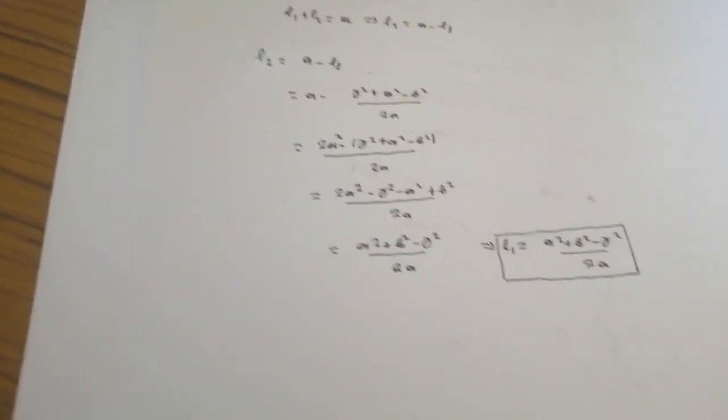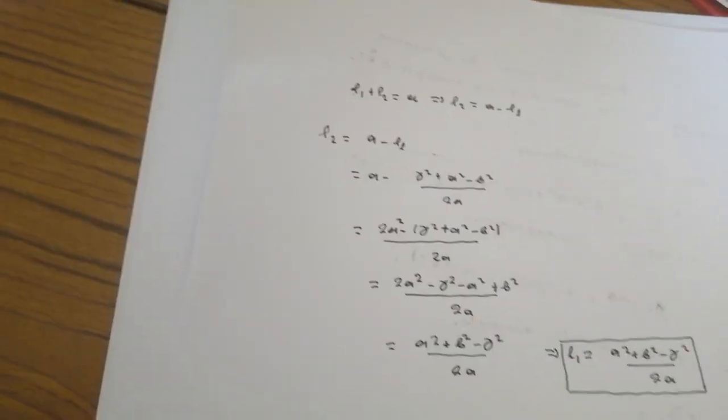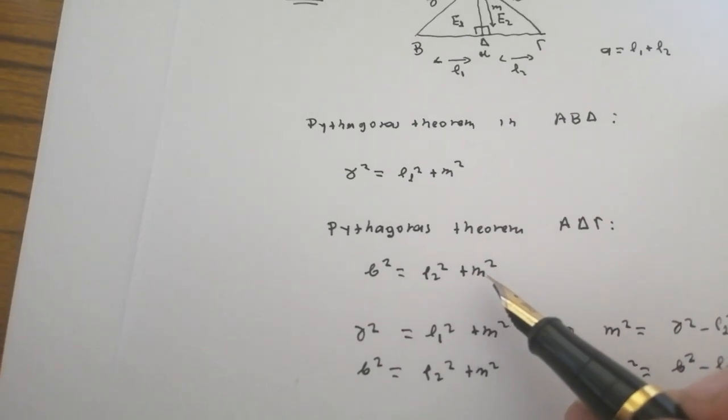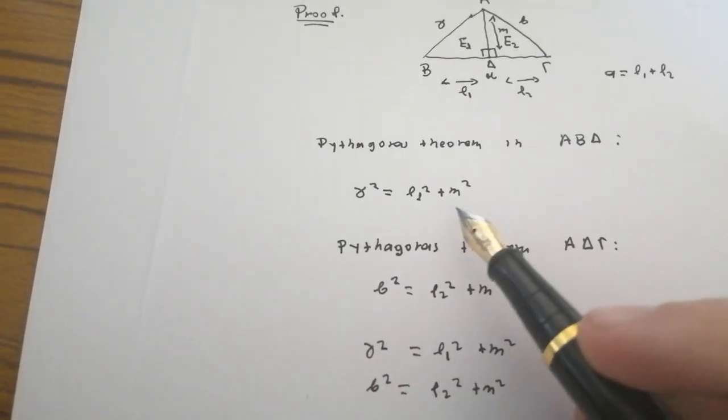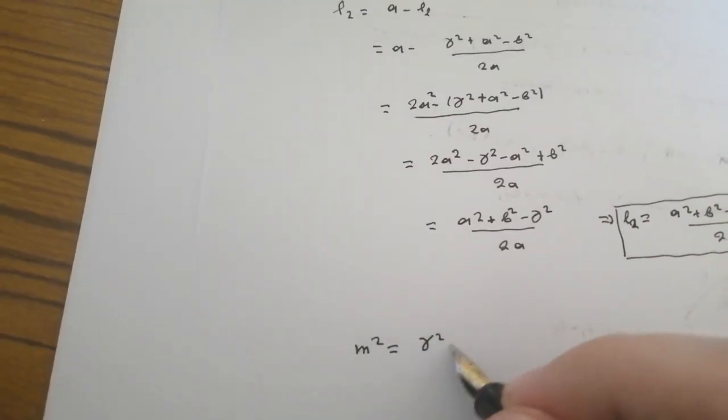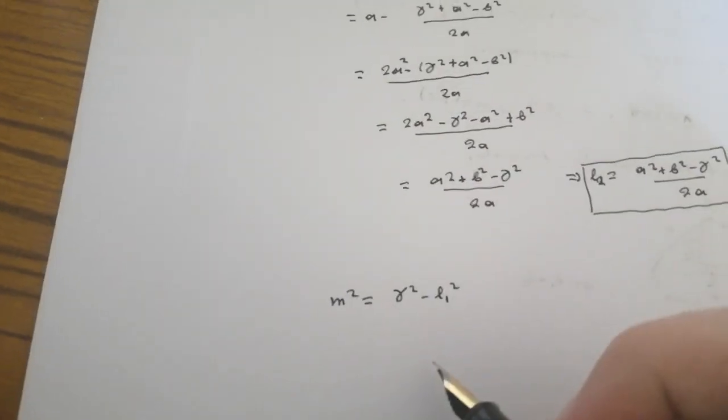Okay, now we need to calculate m squared. We go back to one of the relations here and use m squared equals gamma squared minus L1 squared.